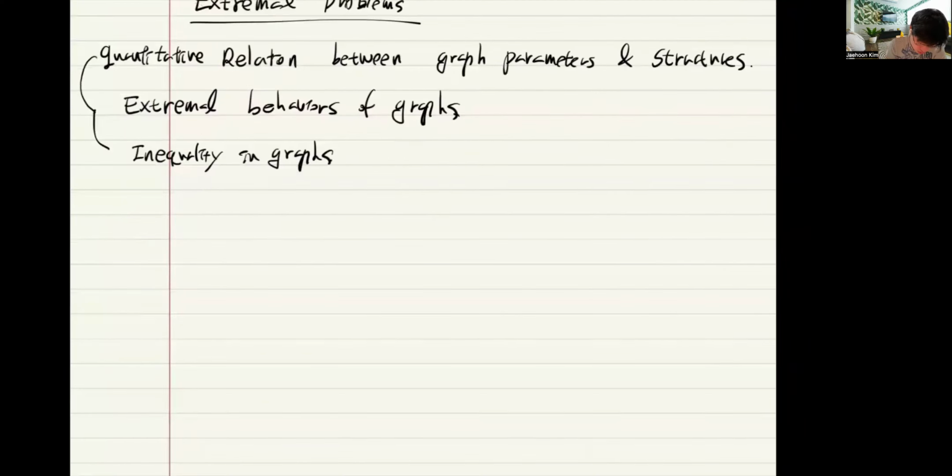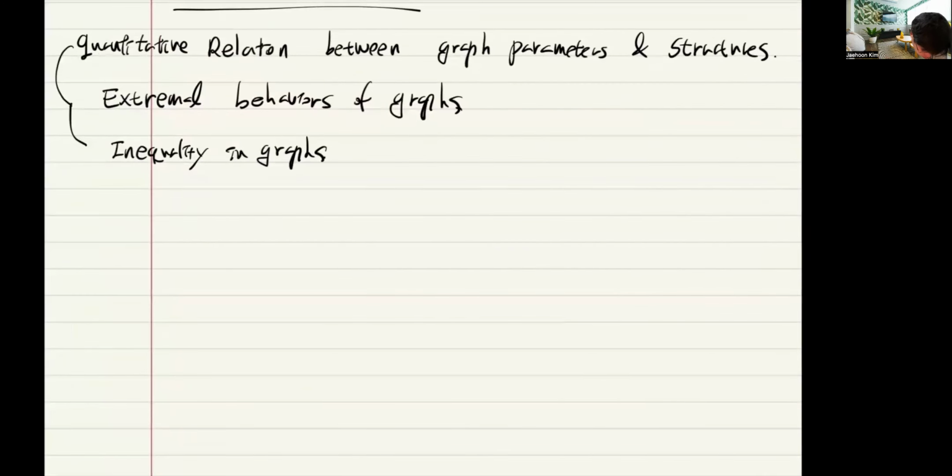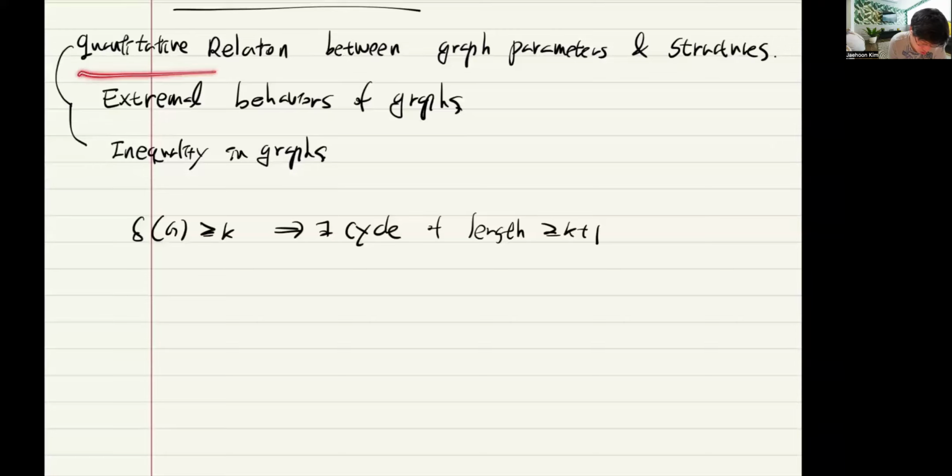The example we have seen is that if the minimum degree is at least k, then there is a cycle of length at least k plus 1. So this is a quantitative relation between the minimum degree and the length of cycles.